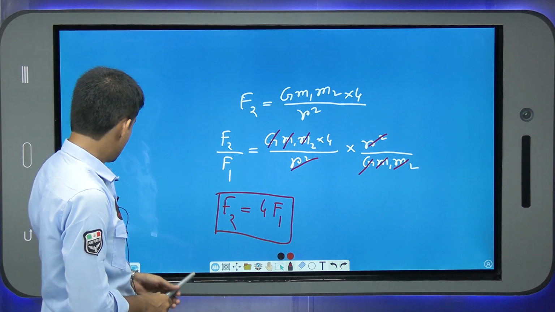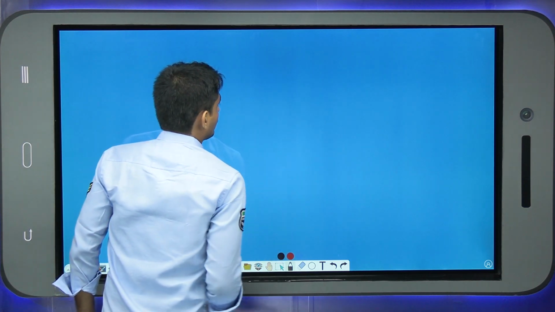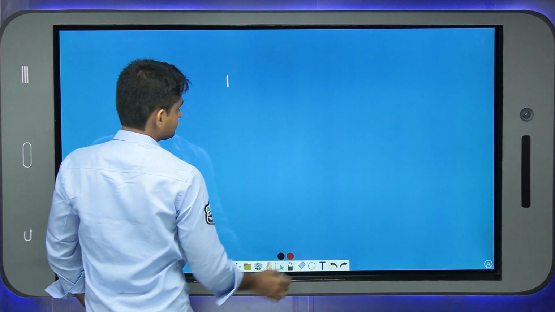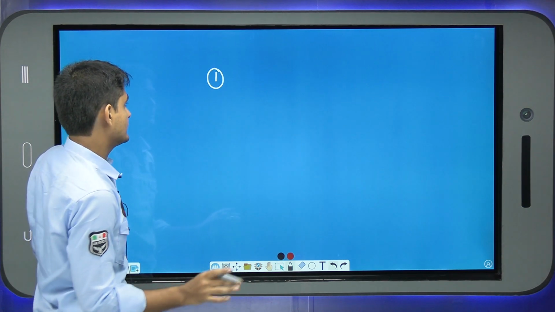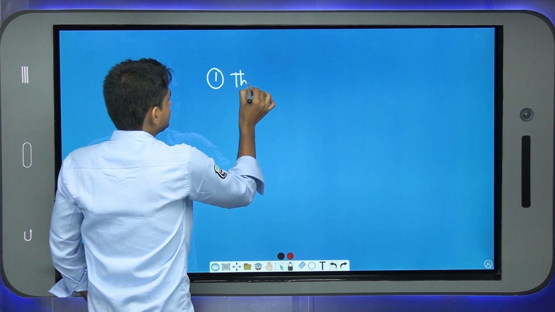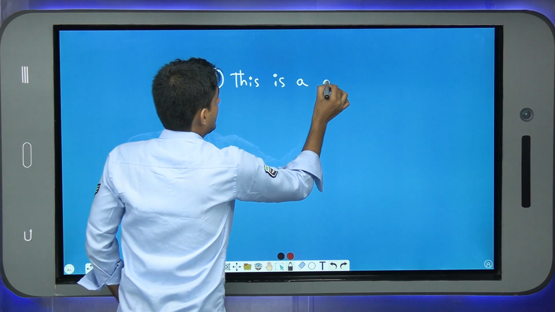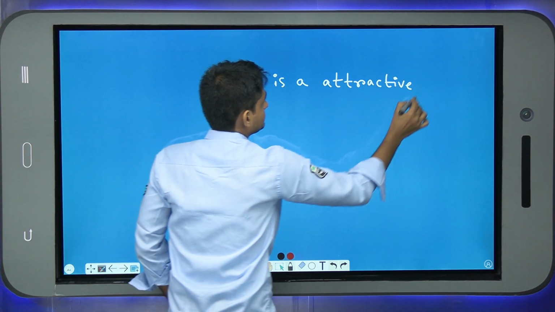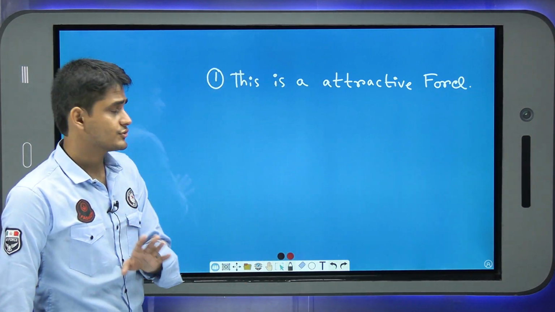Okay. Now, the features of the gravitational force. Number 1, this is an attractive force.